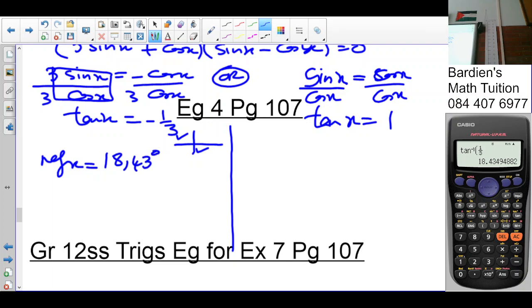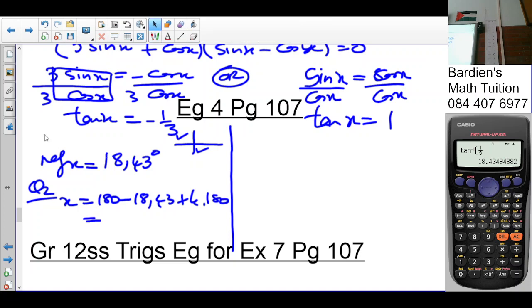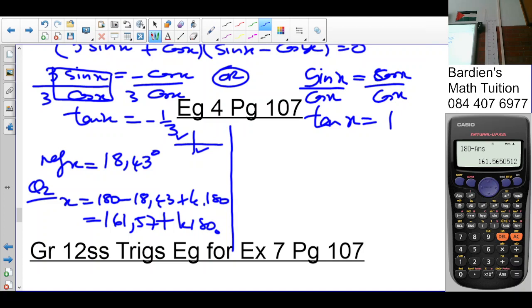So in quadrant 2, we're going to say x is equal to 180 minus 18.43 plus k times 180. So we say 180 minus that answer. It was 161.57 plus k times 180. Again, we don't need to represent it in the fourth quadrant because that's again a repeated solution.